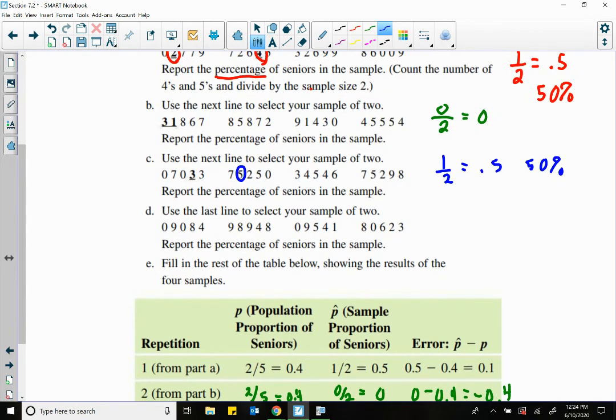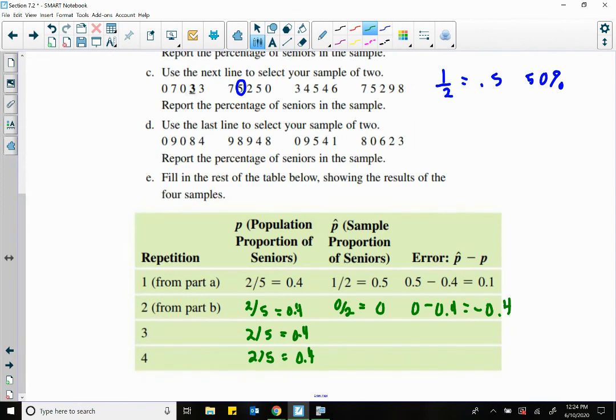Up here, since that was 0, that would be 0%. All right, so part C right here would be the same thing as what we did in part A. 1/2, which is equal to 0.5, which is 0.5 minus 0.4 equal to 0.1.